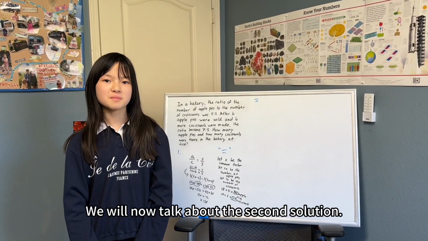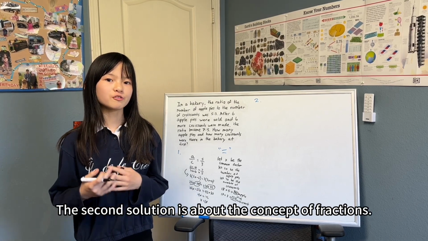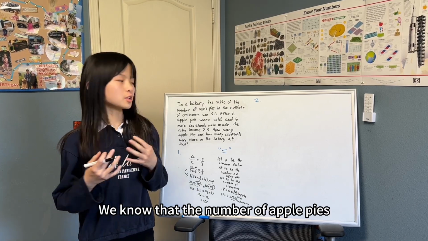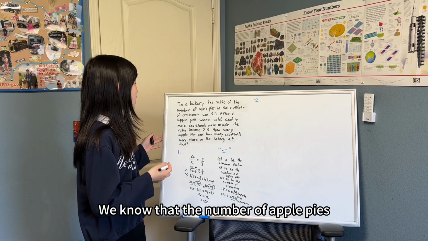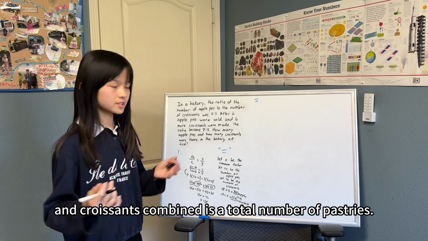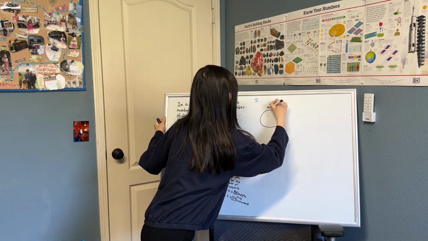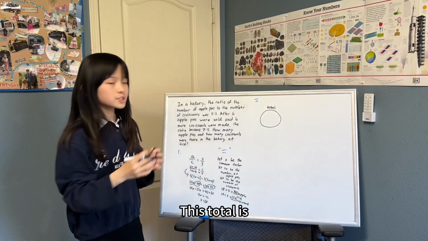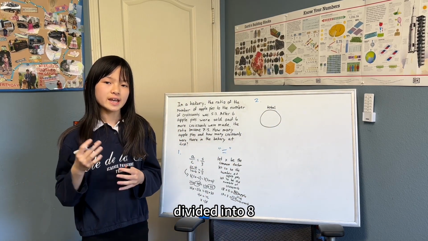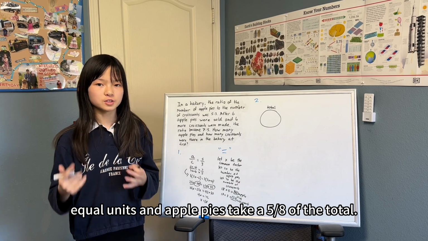We will now talk about the second solution. The second solution is about the concept of fractions. We know that the number of apple pies and croissants combined is the total number of pastries. This total is divided into 8 equal units, and apple pies take up 5/8 of the total.